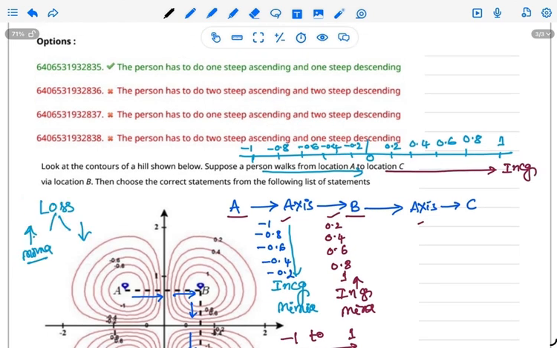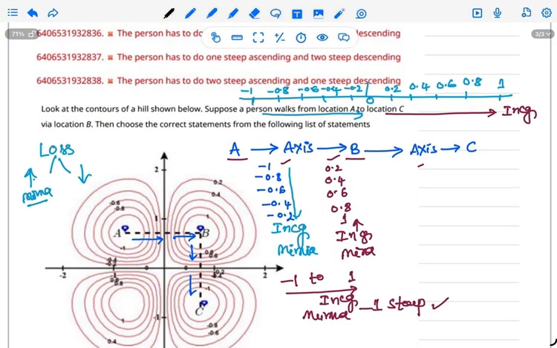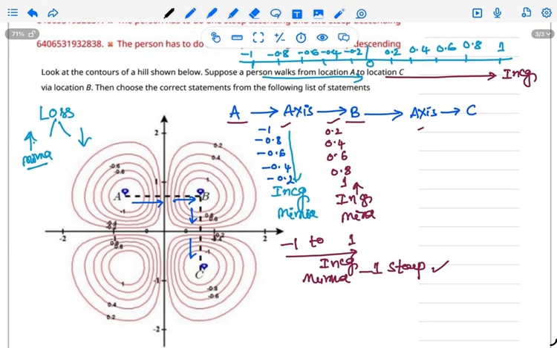The person has to do one step ascending, that is a minimum point. From A to B is a minimum point, one step ascending. So A to B is ascending, one step ascending. From here B to C, one step descending, like this.